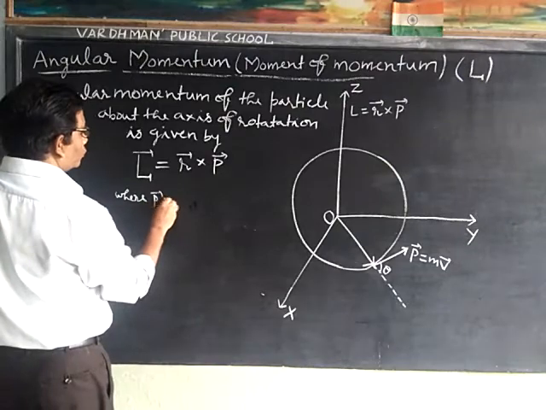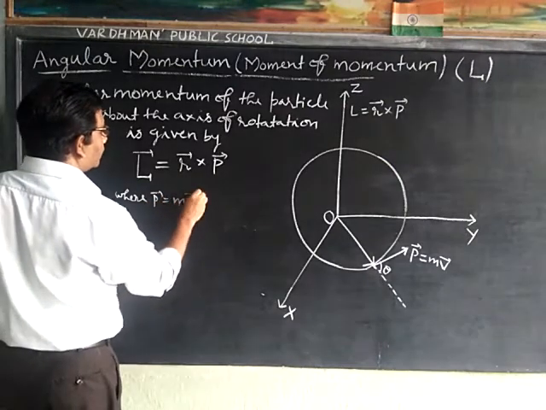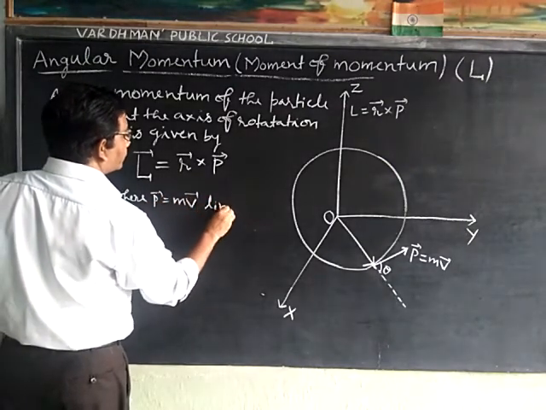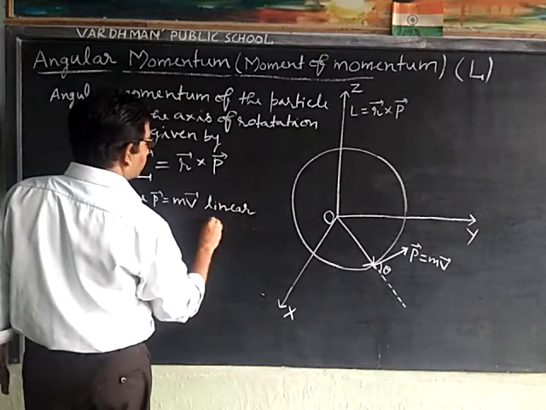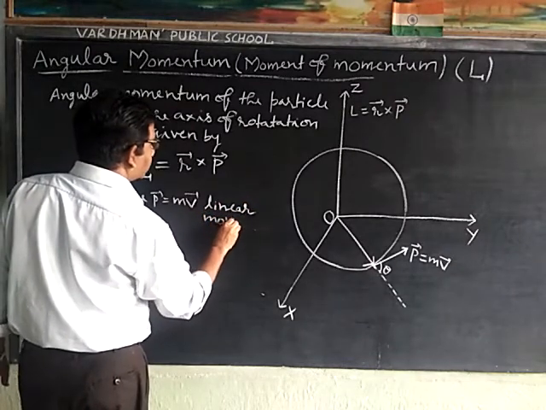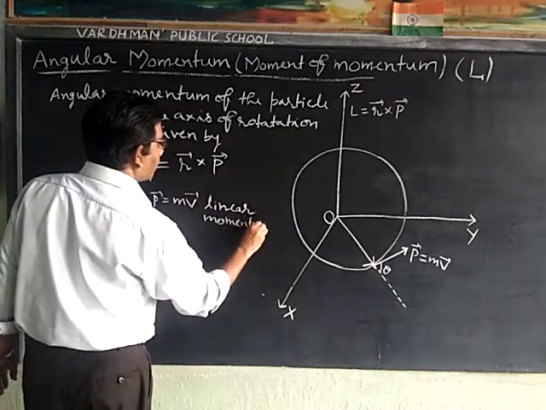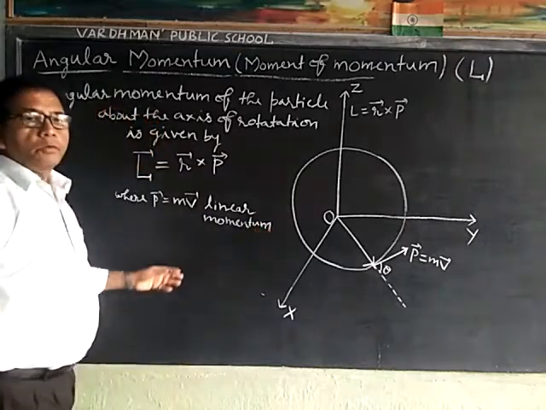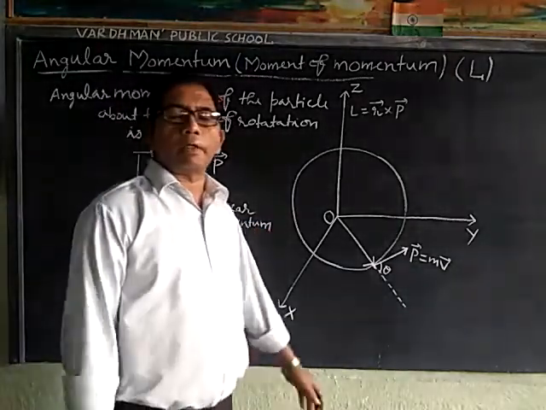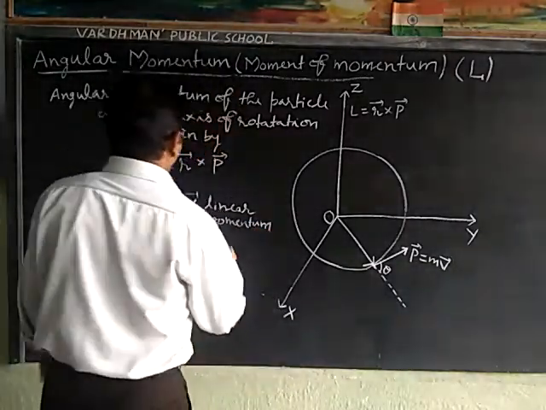P is equal to mv, the linear momentum of the particle.